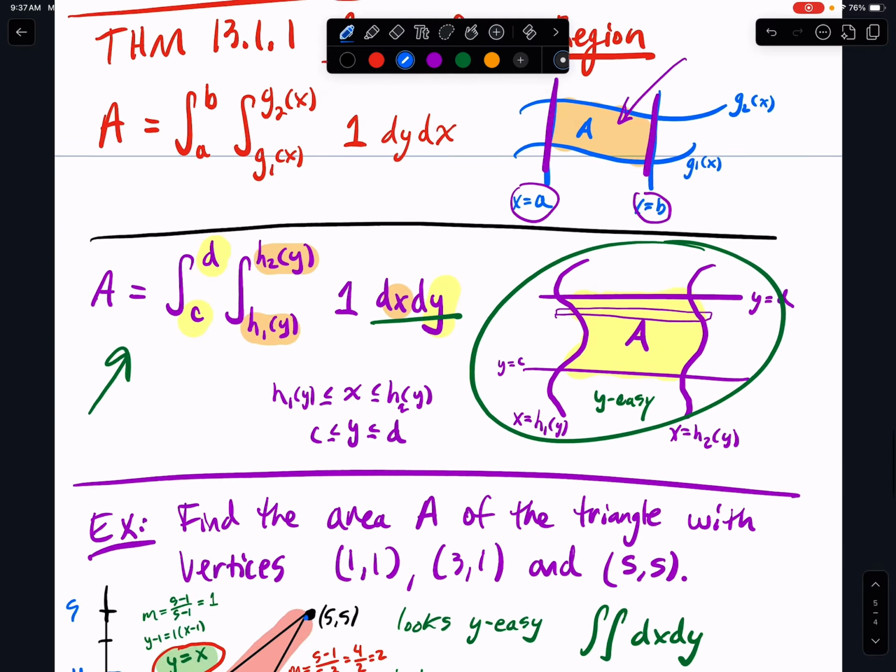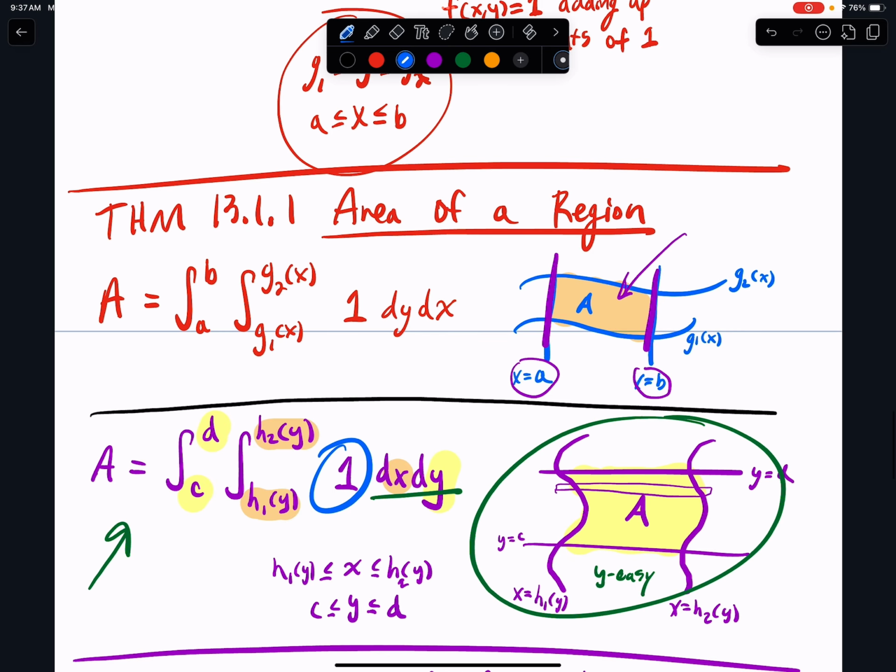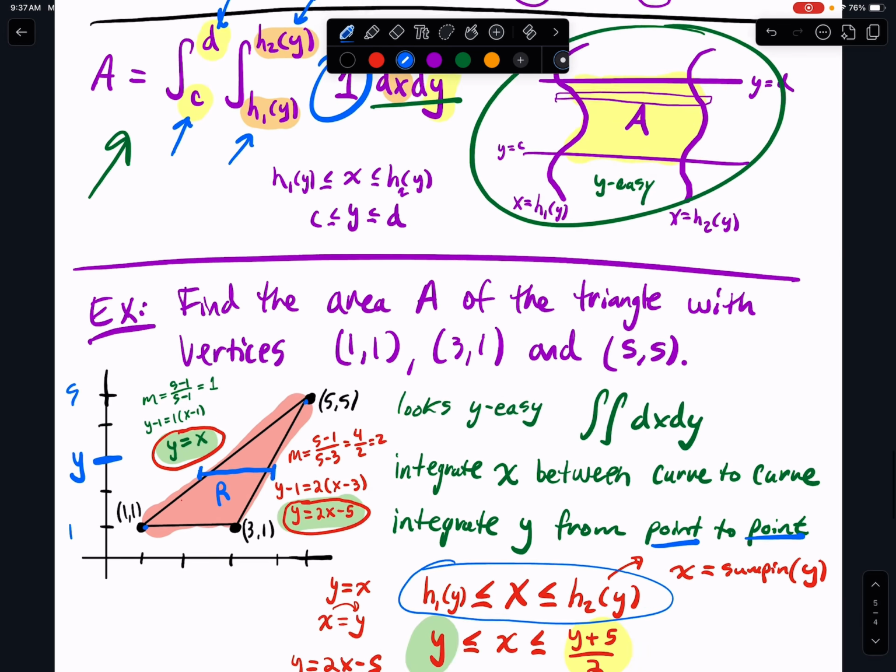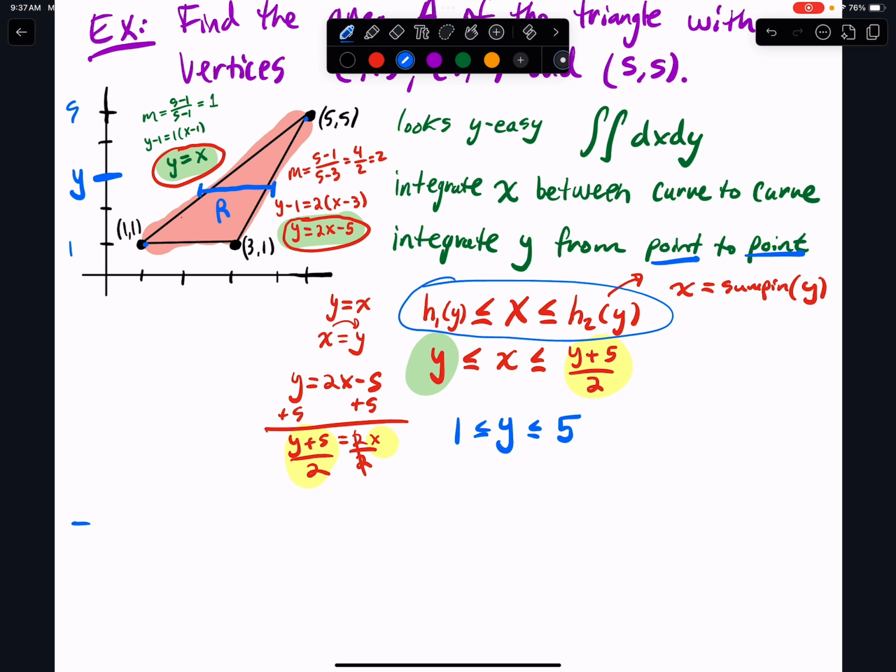So what does the formula say? It says I integrate the function 1 from curve to curve and then point to point, dx dy. So this is equal to the iterated integral from curve to curve, so from y to y plus 5 over 2 dx, and x spans from those values right there.